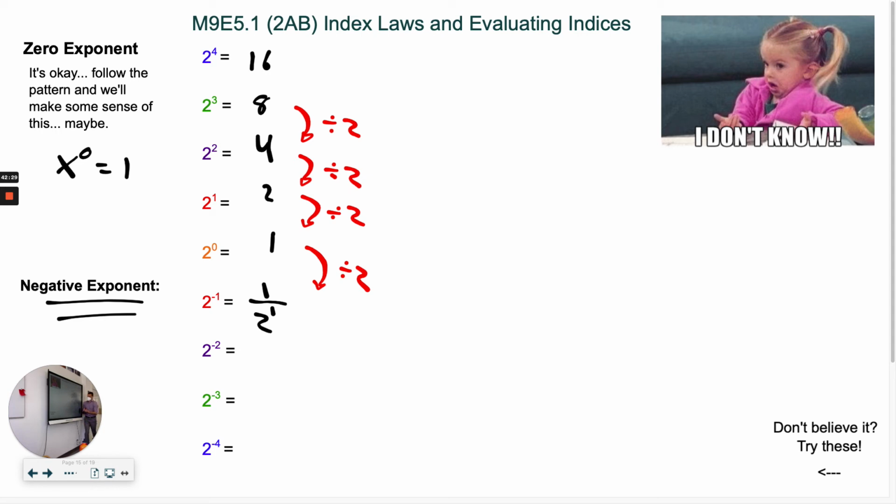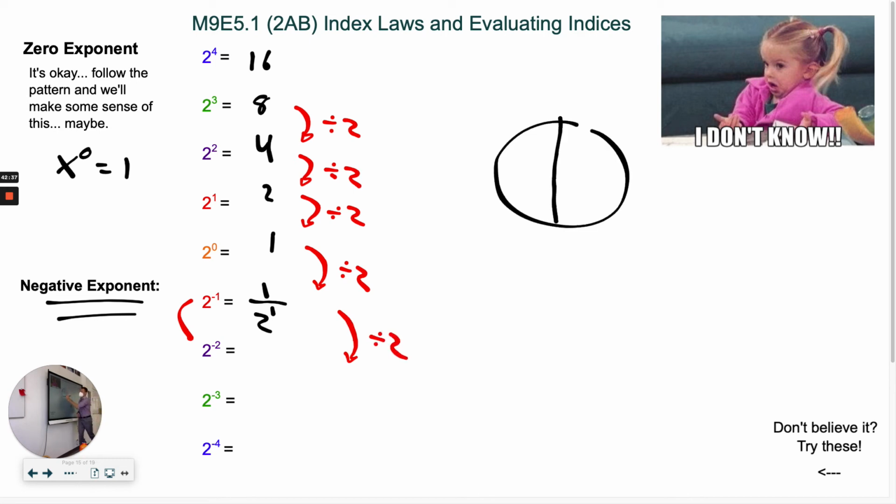If we drop again by 1, what do we do with the half? Divide by 2. If you take half a pizza and you divide that in half, what fraction of a pizza do you get? 1/4. So this should be 1/4. I'm going to rewrite it, though. I'm going to call it not 1/4, but 1 over 2 squared.